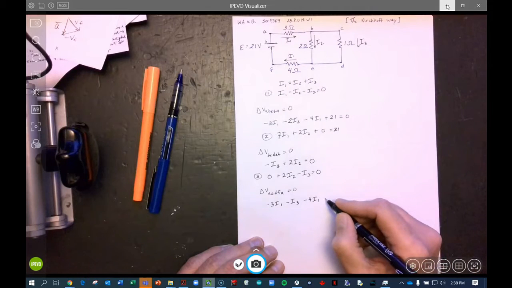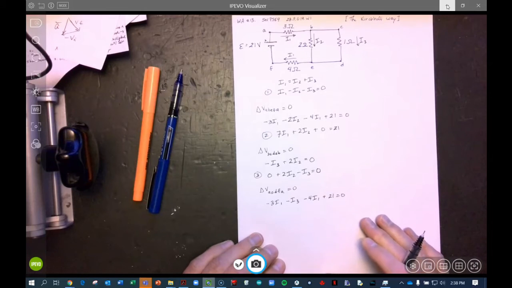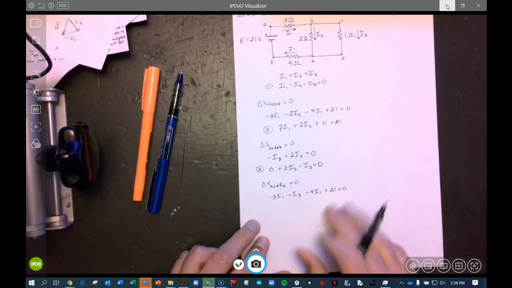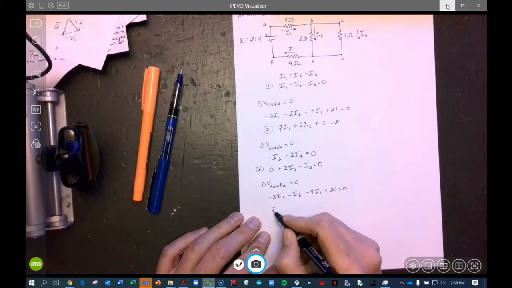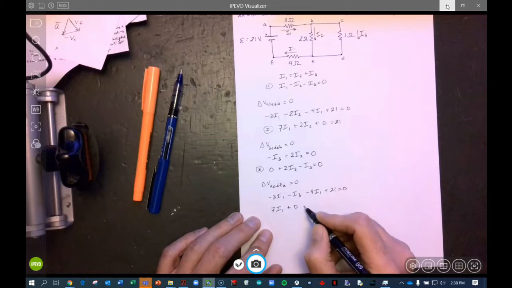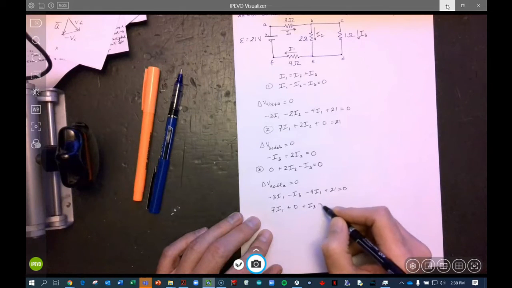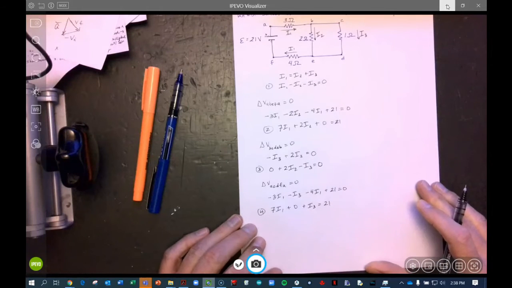And then my 21 volts, plus 21, equals 0. Again, I'm going to group my two I1s and move them all to one side so they become positive. This is going to be 7I1 plus 0 plus I3 equals 21, and this is my fourth equation.